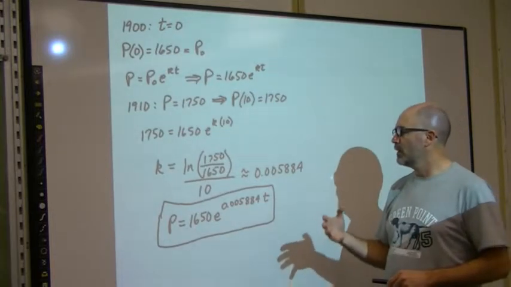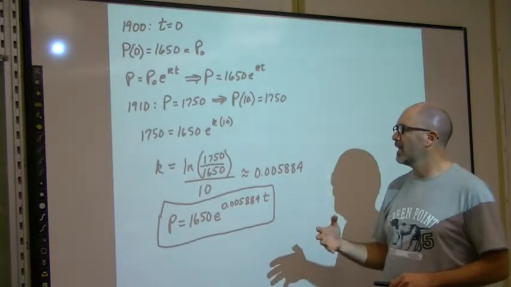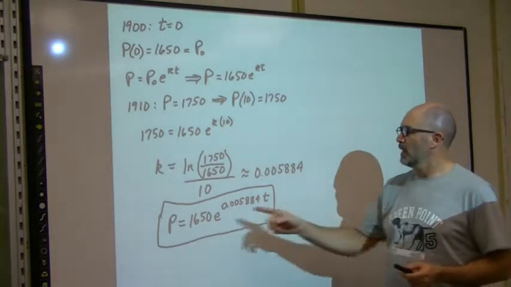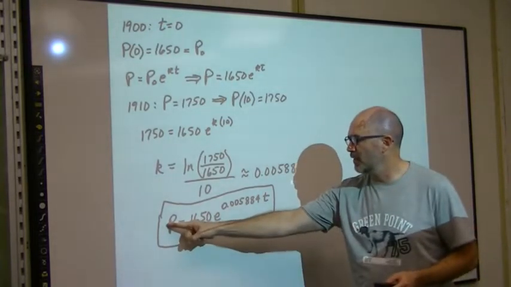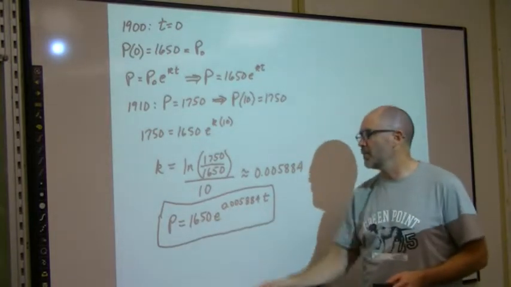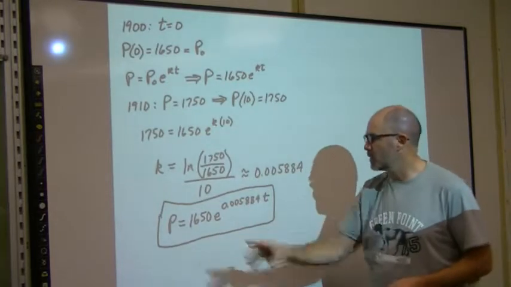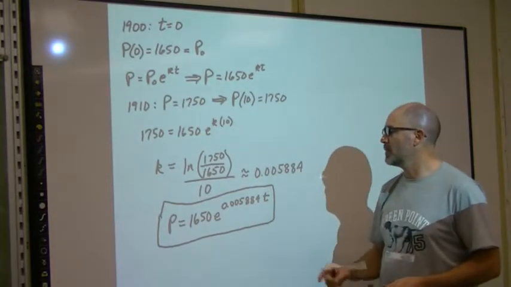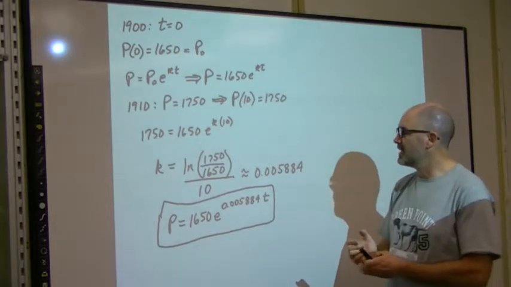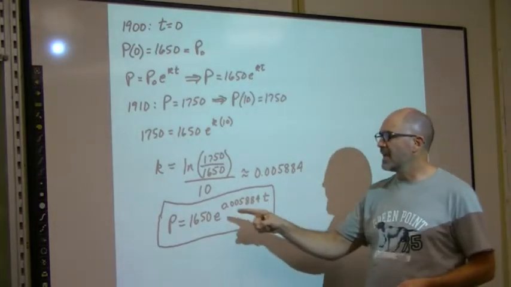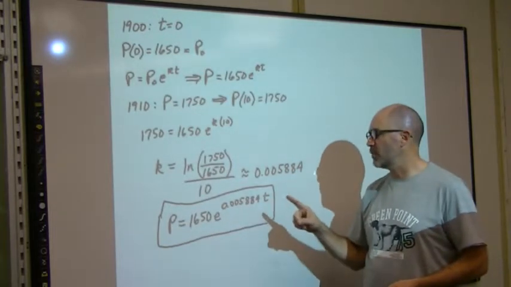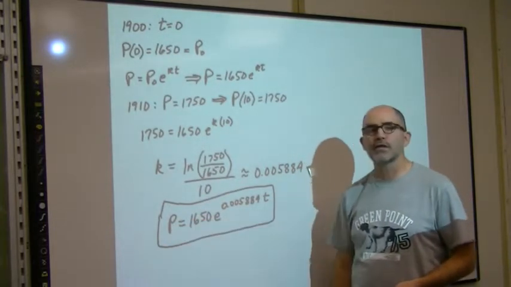When will the population be 10,000? You put 10,000 here for P and then solve for t by dividing out the 1650, taking the natural log, dividing out the 0.005884, and you got your t. So, once I get to this point, I can tell you the population for any time you want, and I can give you the time for any population you want.